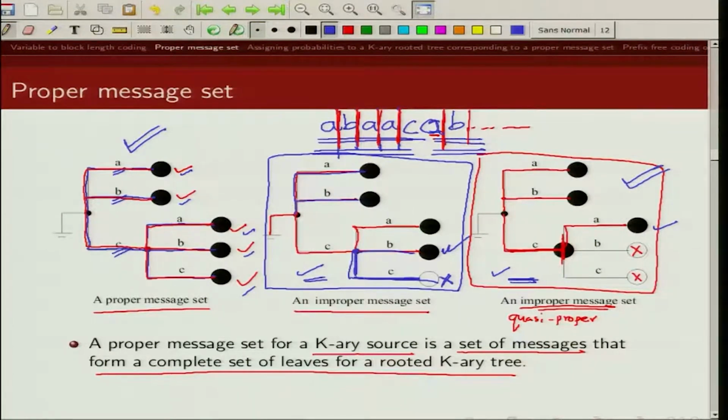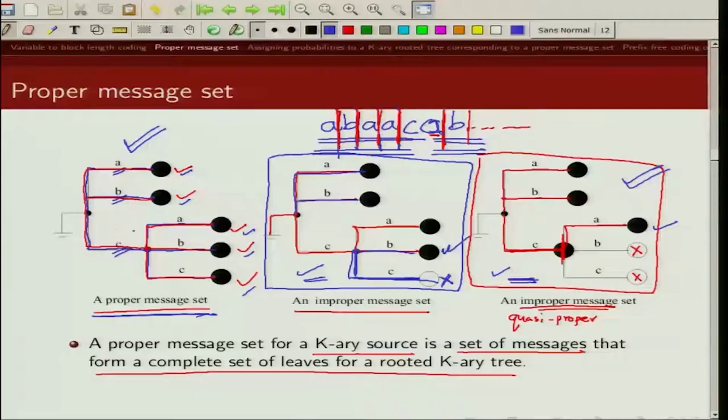In the case of a proper message set, when bits are coming, I know exactly where the boundaries are. For example, when A is coming, I know that's my input block length boundary. If a B comes, I know that's the input block length boundary. If a C comes, I look at the next bit and I know that's my input message boundary, CA, CB, CC.